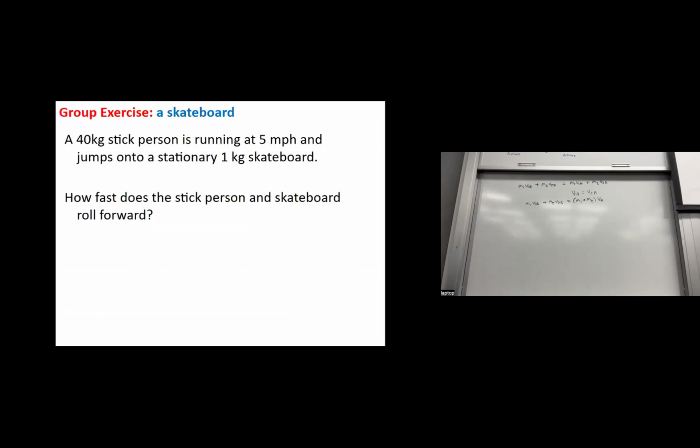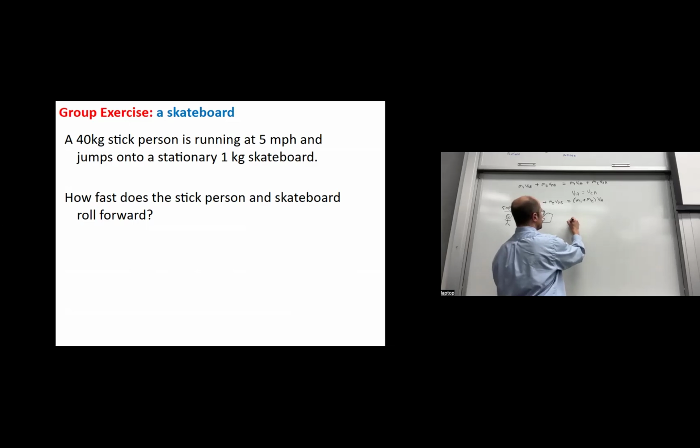All right, so we're going to do this problem. We're going to have this person jump on a skateboard. Initially we have some person, and this person is running, say at 5 miles per hour. Then there's this stationary skateboard, so this velocity is 0. Then there's the event: the person jumps on the skateboard.